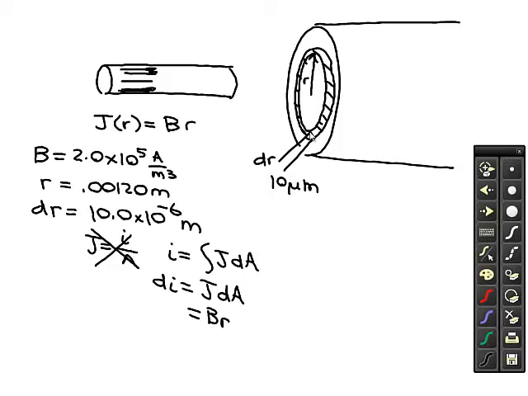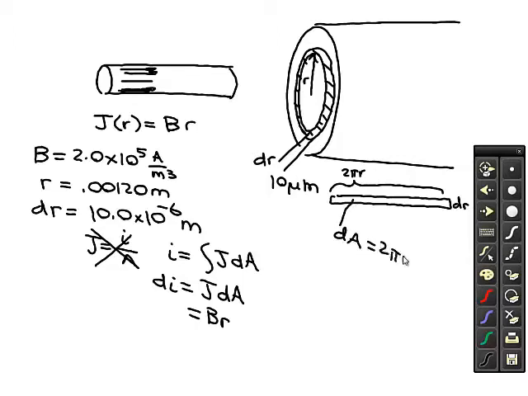So the area of that thin ring, if we take that thin ring and cut it and lay it flat, is going to be 2 pi r times dr. So I'm going to take dA here and write it as 2 pi r dr. So that little bit of current that we're looking for is going to be 2 pi B r squared dr.